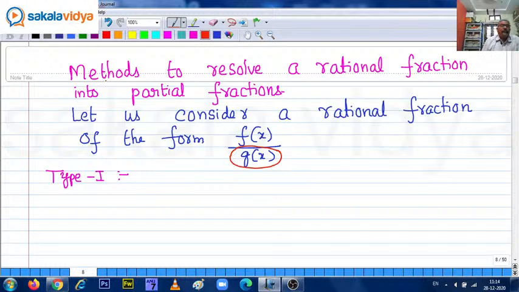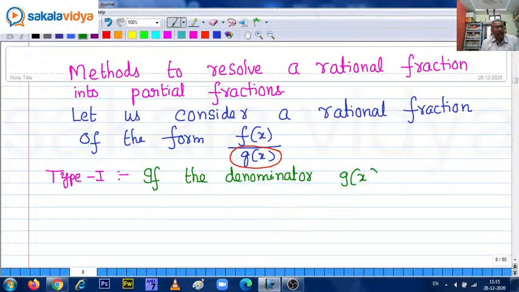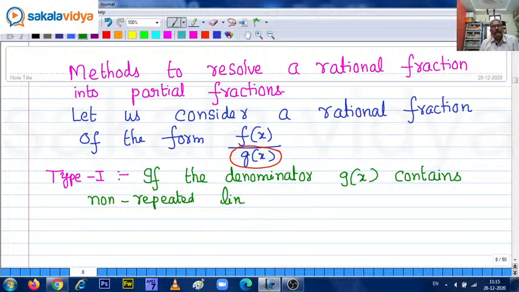That means if the denominator g of x contains non-repeated linear factors, meaning degree is 1, linear factors of the form ax plus b, like x plus 1, x plus 2.